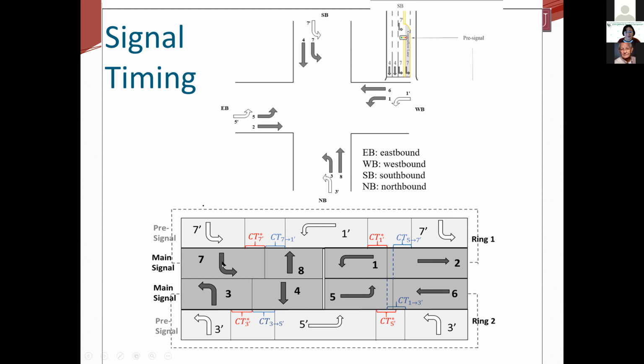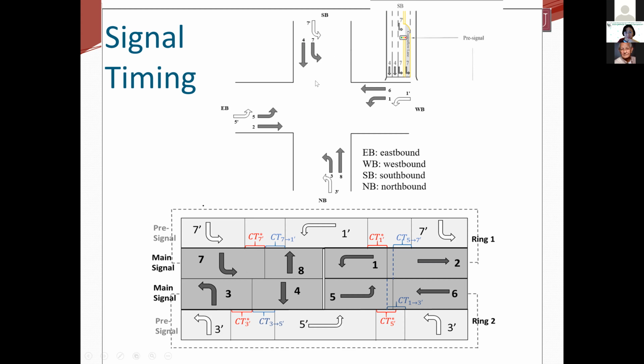Later, the signal at the main intersection, the phase 7 left-turn phase, turns green. At this moment, we can still allow vehicles to enter the contraflow left-turn lane. But the vehicles in the contraflow lane start to move, because they got the green light and start to discharge from the intersection.